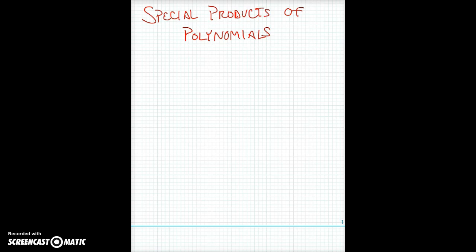The first one is what we call the square of a sum. And what we mean by the square of a sum is when we have a polynomial that looks like this: x plus 2 squared.